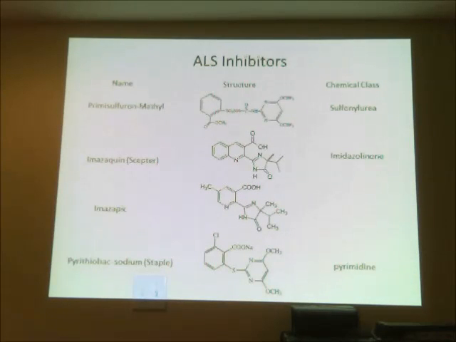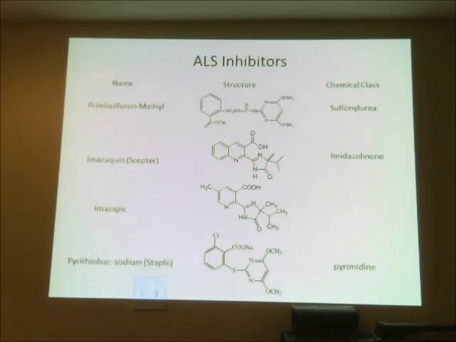Here's a compound called Scepter, imazaquin. It's an imidazolinone. This 5-membered ring with 2 nitrogens is an imidazole, and this makes it an imidazolinone. Another one is called imazapyr, and imazapyr differs in the fact that it has a pyridine ring attached to this.